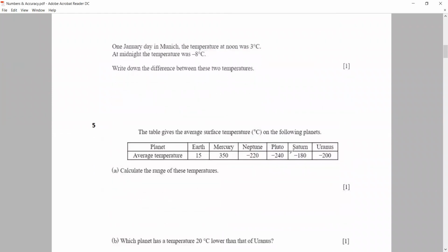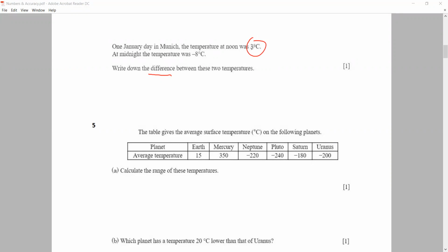On a January day in Munich, the temperature at noon was 3 degrees Celsius. At midnight, the temperature was -8. So this is a common question that they ask for range or difference. If you're trying to find the range or difference between two numbers, you have to take the biggest one, which is 3, right?